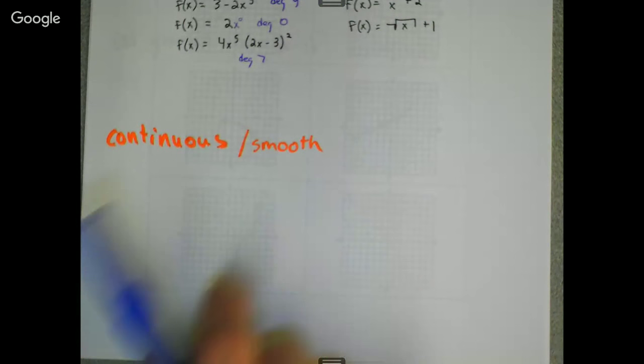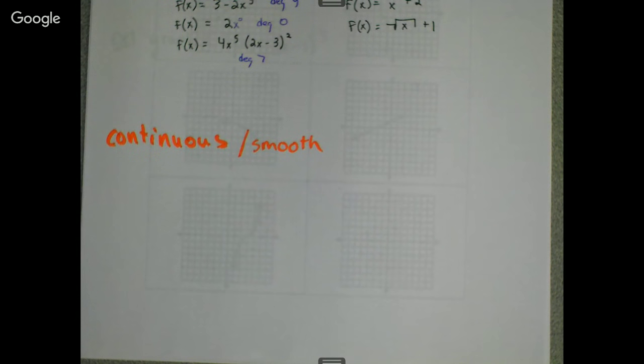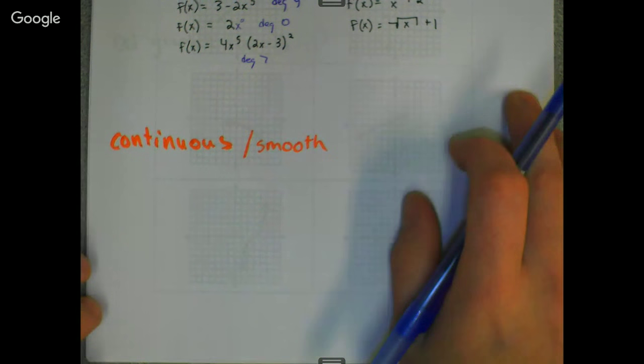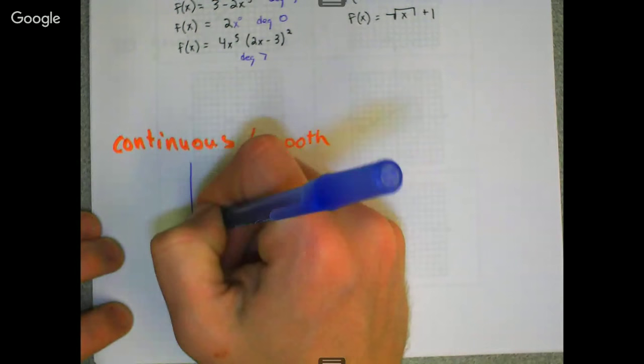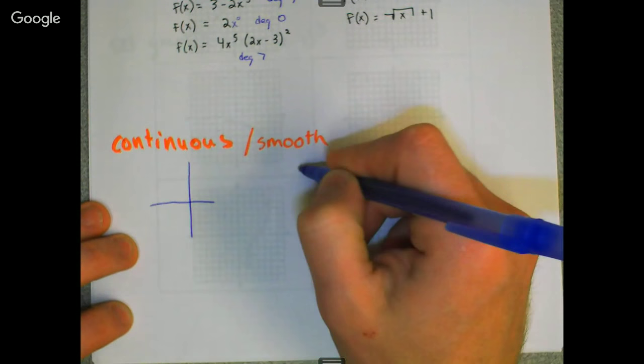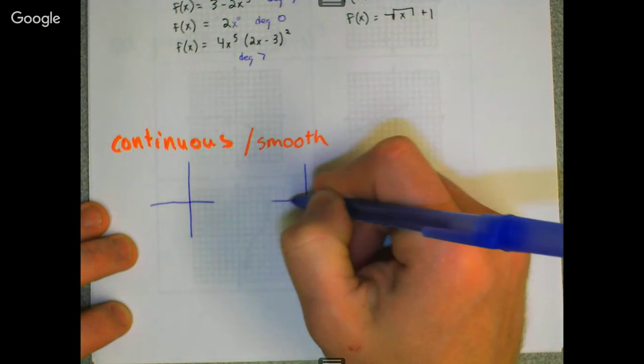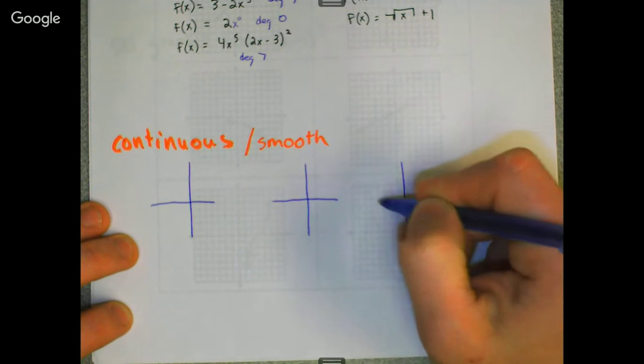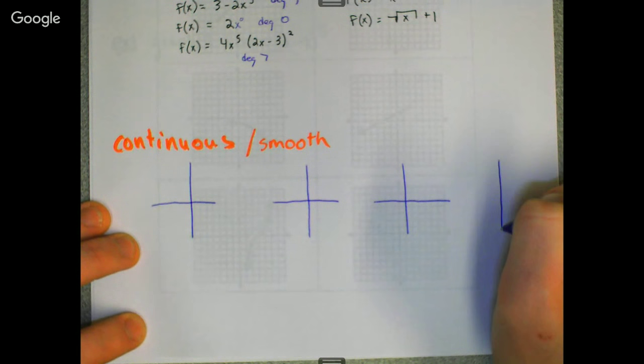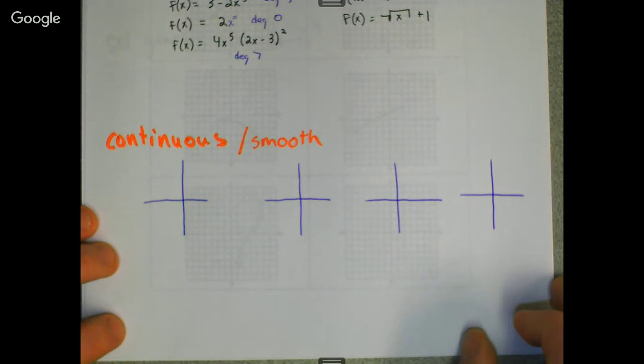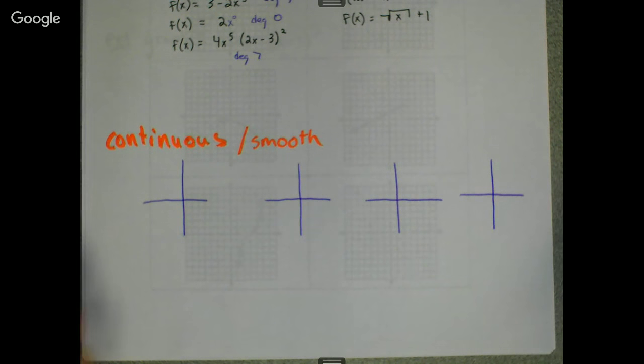With polynomials, we have what's called continuous and non-continuous polynomials, and then we have smooth and non-smooth. Okay, so let's look at what each one is. We'll just draw out 4 here. Okay, so we're going to graph 4 things here.